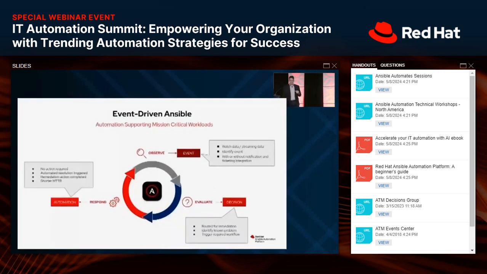So what we're trying to do with event-driven Ansible: Ansible has been fantastic for automating how to get things done, the responding part, the action. What we're doing with event-driven Ansible is moving Ansible into the decision-making process. So we have observability tools. I'm going to show you a little bit with Grafana later. It could be Dynatrace, or any number of different tools from your cloud providers or other vendors. It could be networking based.